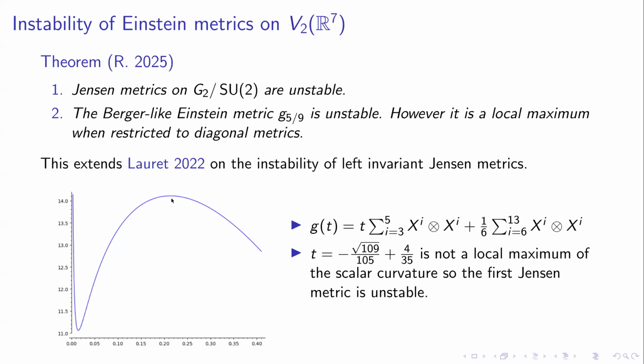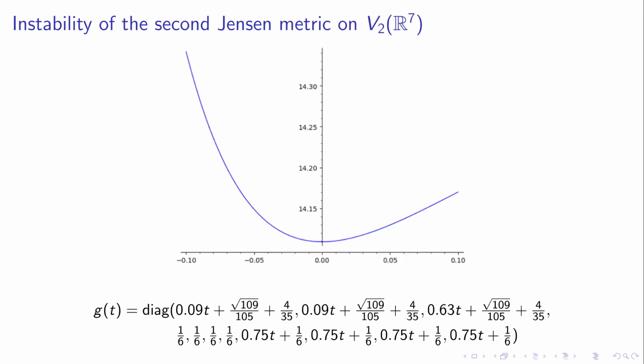And the second one here is a maximum, but it's not necessarily a maximum among all the homogeneous metrics. So we have to move in another direction to see that, for example, in this diagonal direction, we find here our second Jensen Einstein metric, and here is a minimum along this curve, so it's also unstable.